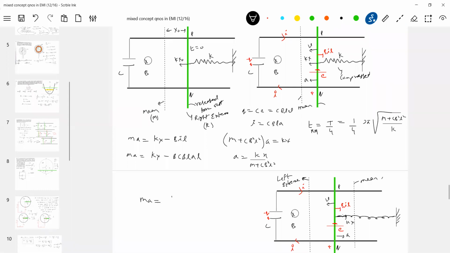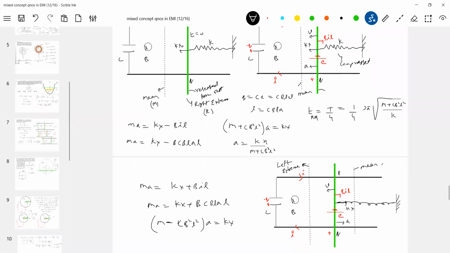Ma is equal to kx plus BIL, no? And what is I? I is again the same thing after substituting. This will be CBLA. So this will become (M minus CB square L square) A equal to Kx.